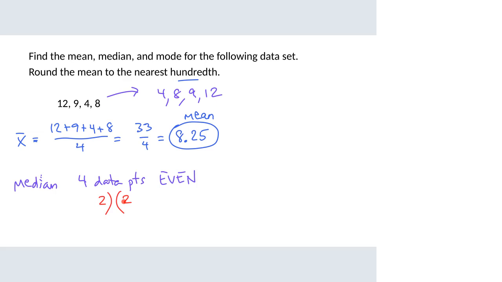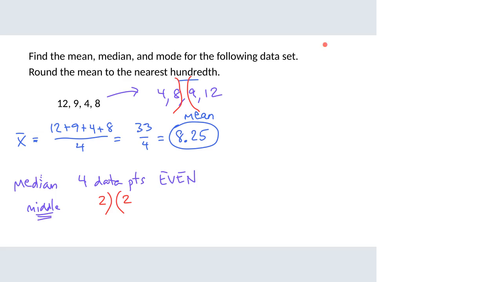We're going to go ahead and section that off, and I'm going to have 2 down here and 2 up here. What I do now to find the median, because keep in mind what the median means. The median is in the middle of my data set. I'm looking for a number to represent the middle of my data set.